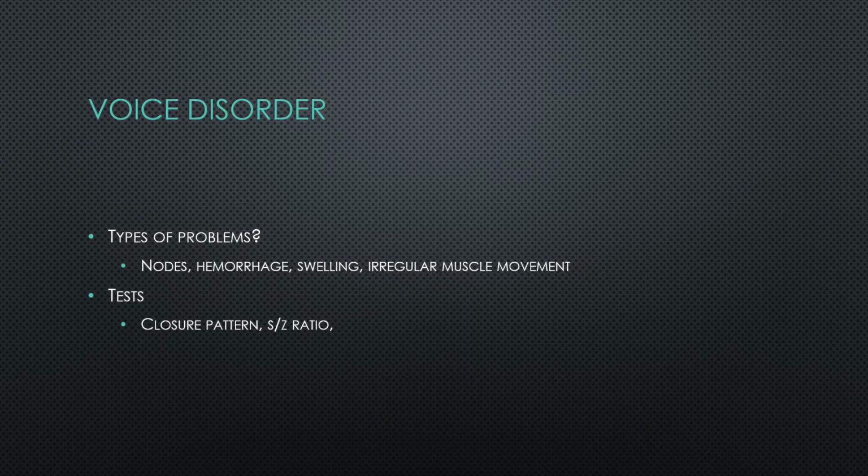If they are not closing all the way, that's going to allow air to escape and create a breathy or raspy voice. If they're closing too much, that can create kind of a creaky, harsh voice. So those are the kinds of things you're looking for. Color is going to tell you if there is a hemorrhage or some other form of tissue damage to the vocal folds.